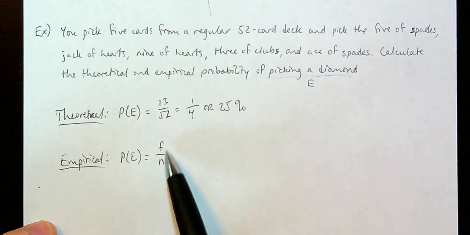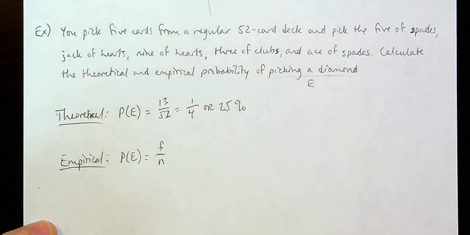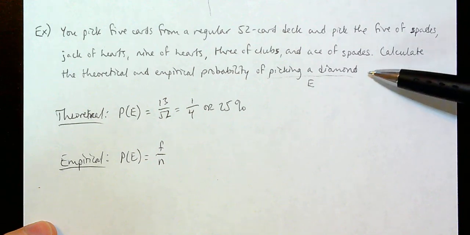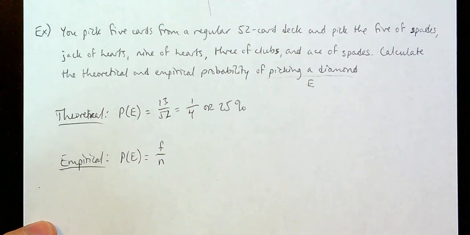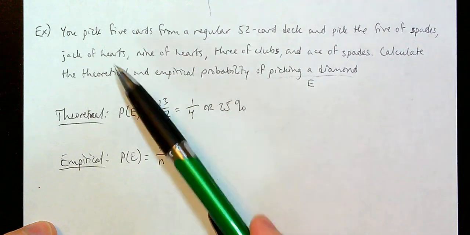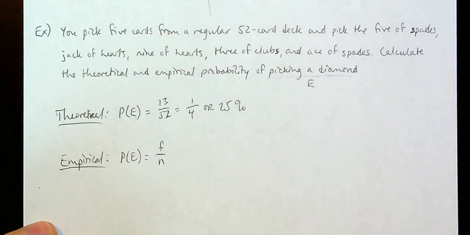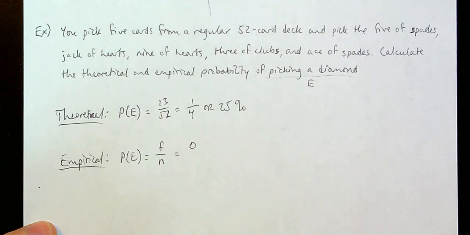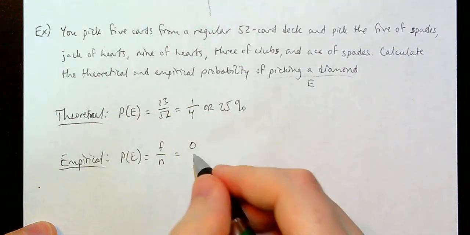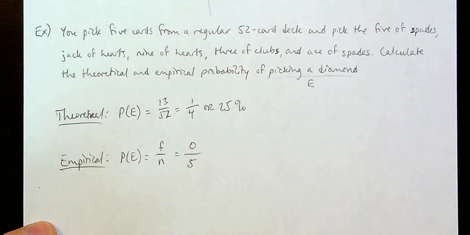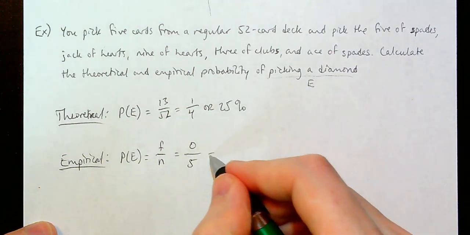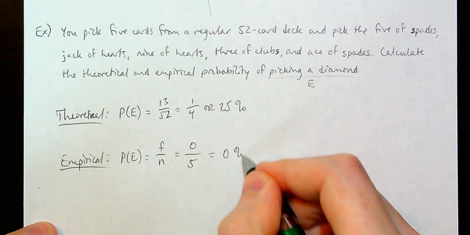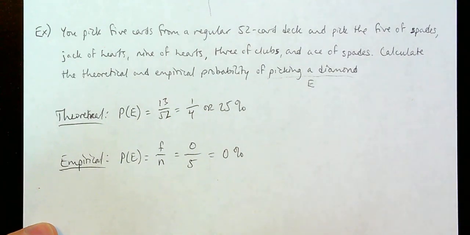And then f is the frequency, or the number of times that the event happened in those trials. But if we look at our cards, we picked a spade, heart, heart, club, and spade. We didn't pick any diamonds whatsoever. So there were 0 diamonds that we picked, so the event happened 0 times. It was out of 5 picks, or 5 trials, so 0 divided by 5 is obviously 0, or 0%.